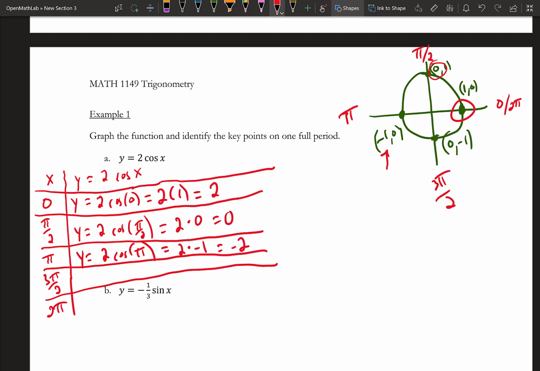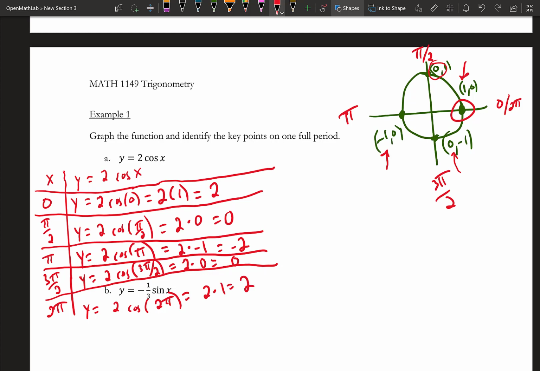And then this would be y equals 2 times cosine of 3 pi over 2, which would be equal to 2 times, so cosine of 3 pi over 2 would be 0, which is 0 here. And then lastly, we'd have y equals 2 times cosine of 2 pi, which would be 2 times, and then we'd be looking at this x coordinate, which is 1, so we get 2.